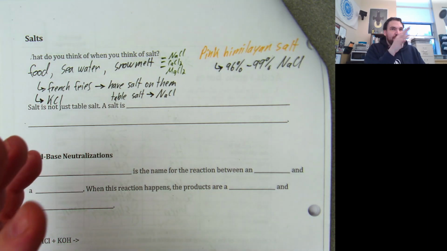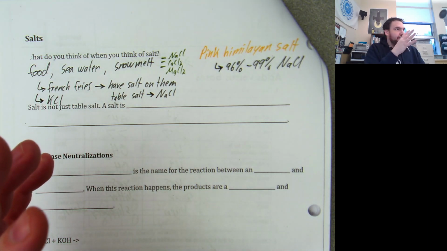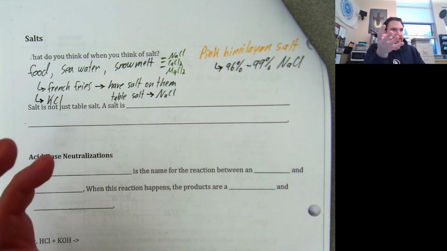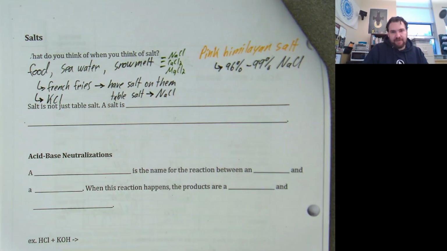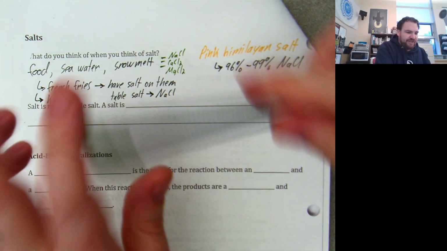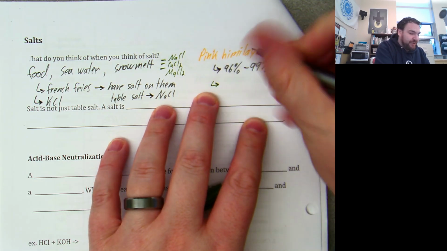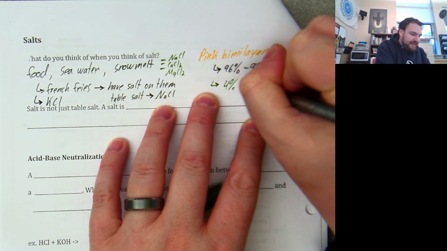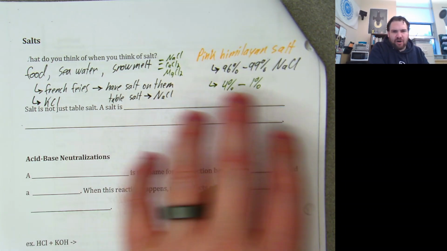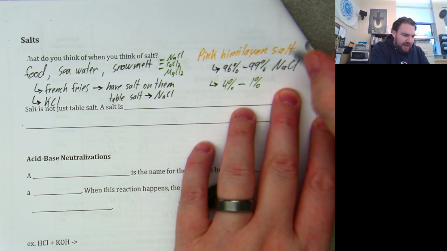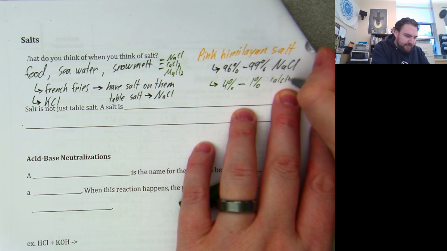like if you look at the individual grains, there are shades of pink in Himalayan sea salt, and the reason for that apparently is that of the 96 to 99, the other percentage, so 4% all the way down to 1%, are these things. There's some calcium in there, which changes the color.